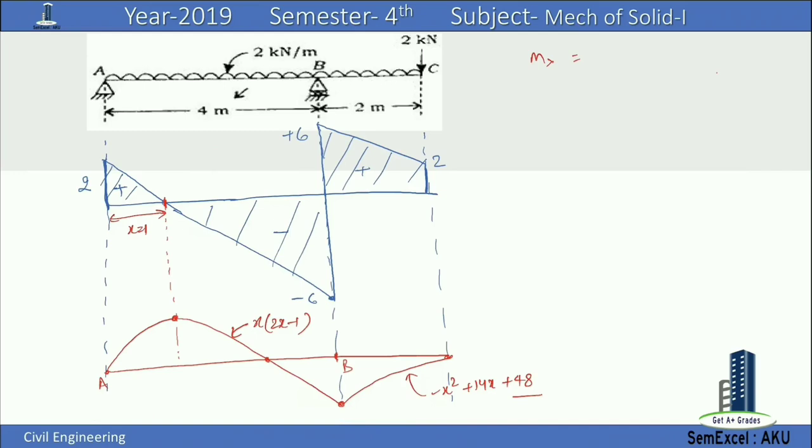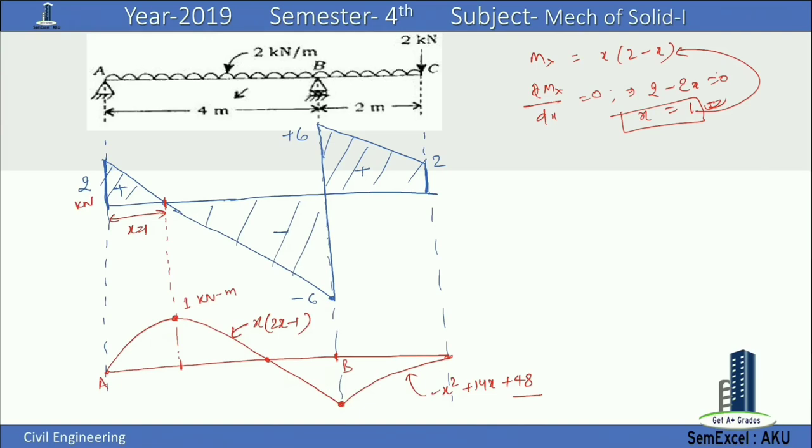Mx is equal to x into 2 minus x, so we will differentiate it to get the maximum value. dMx by dx is equal to 0, hence 2 minus 2x is equal to 0, x is equal to 1. At x equal to 1, we have the maximum value. So put x equal to 1 in this equation, we will get 1 kilonewton meter.